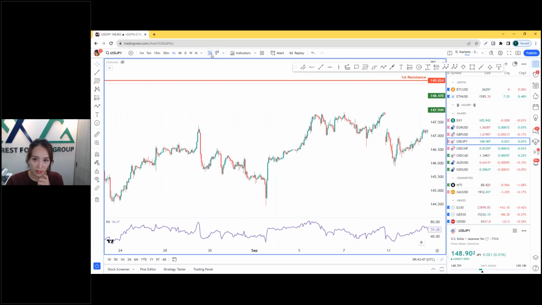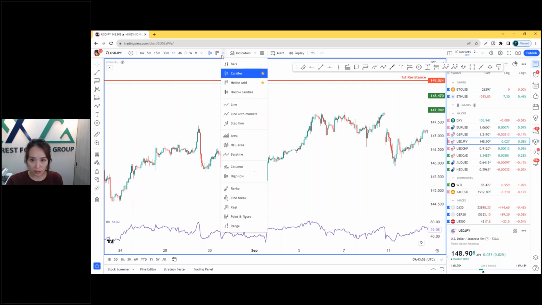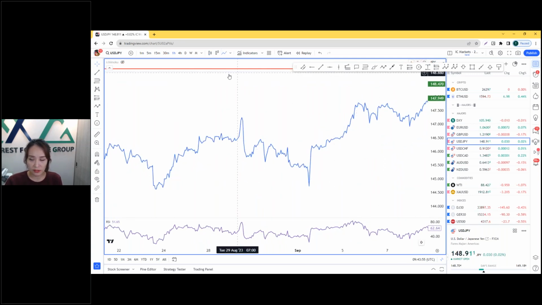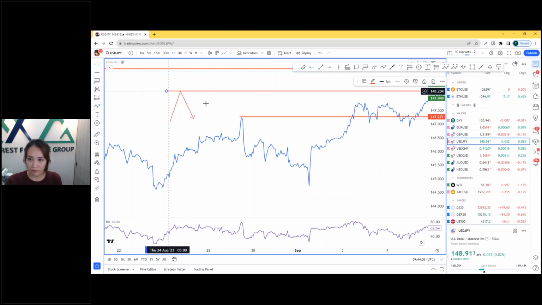Another trick: you change the chart to the line chart, not the candle, and then you know that this is your resistance, something like a capital A. Like I said, that is your resistance. Capital V, you see like that, this is your support. This is what I mean.